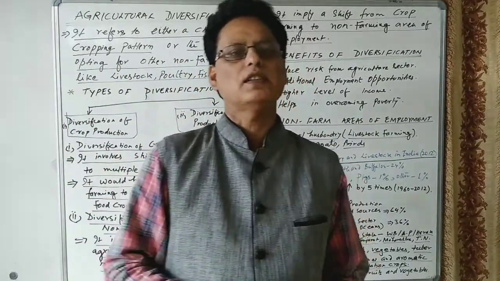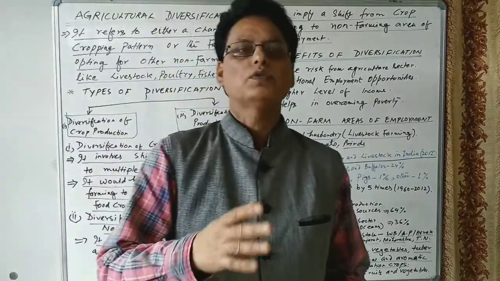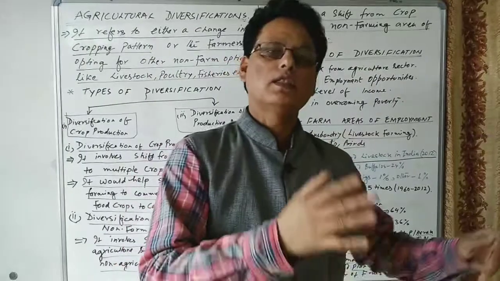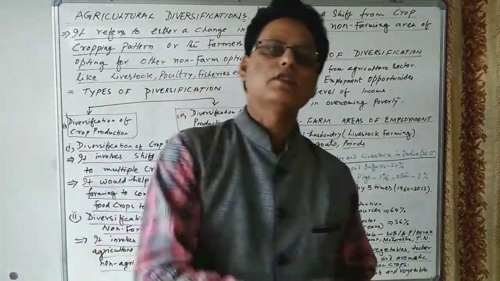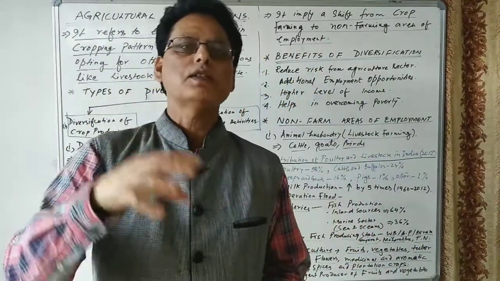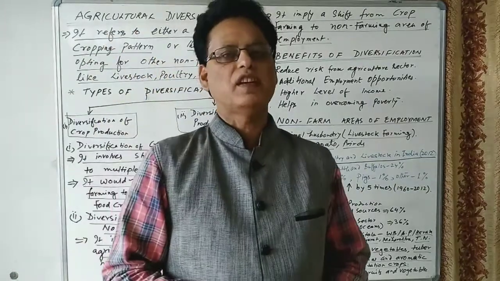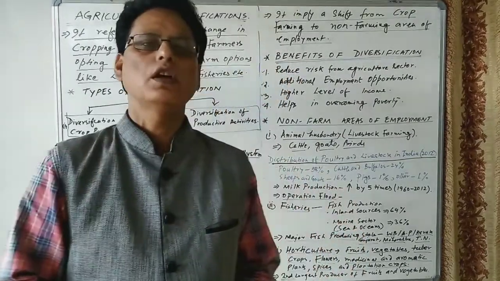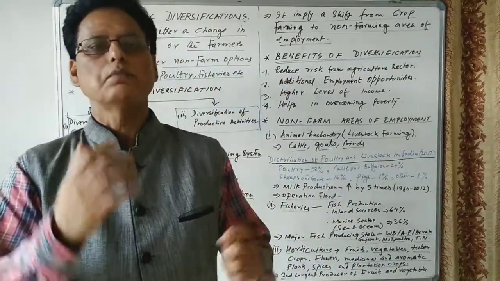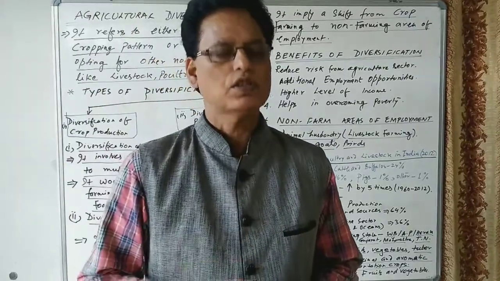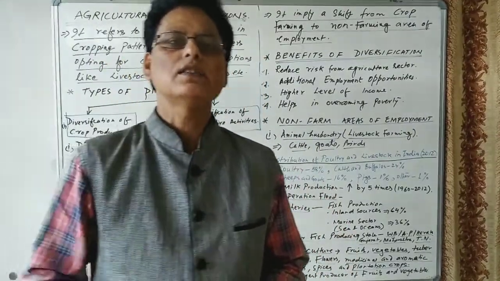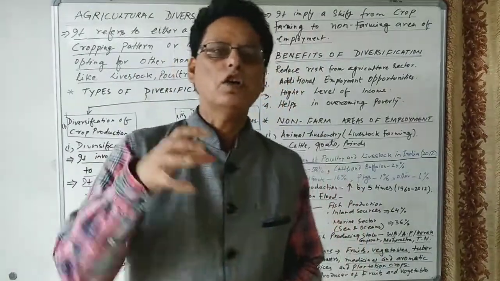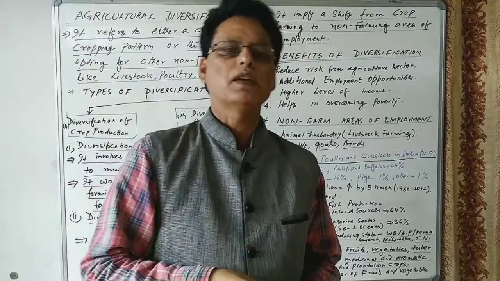Suppose during the Rabi season, along with wheat, some other crops are cultivated, some oil seeds for example. If one crop fails, then the farmer will not go into losses. They could get some income for their livelihood. That is why scientists suggest that farmers adopt the multi-cropping system.